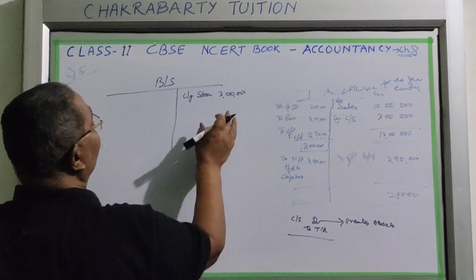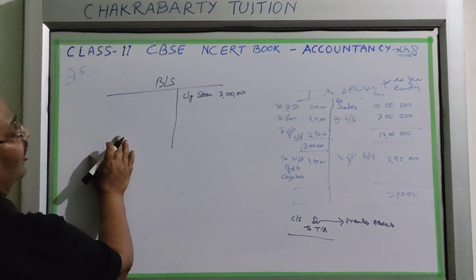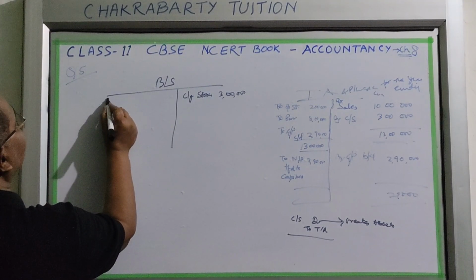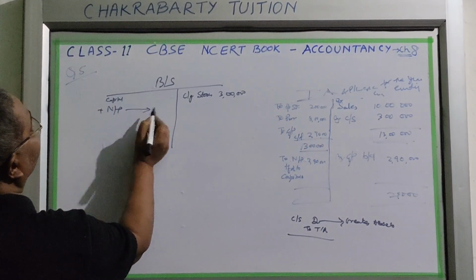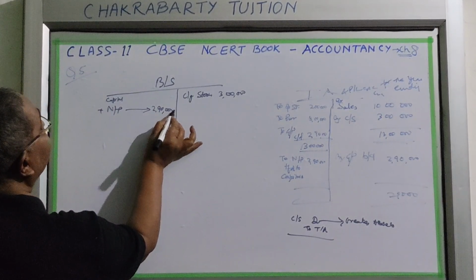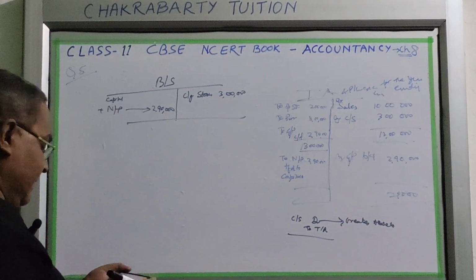Other items are not given, so only one item will come here. And here also there is no other capital and so on, so only NP we are writing, otherwise capital plus NP etc. So NP only, 2,90,000. So this is the position of the balance sheet.